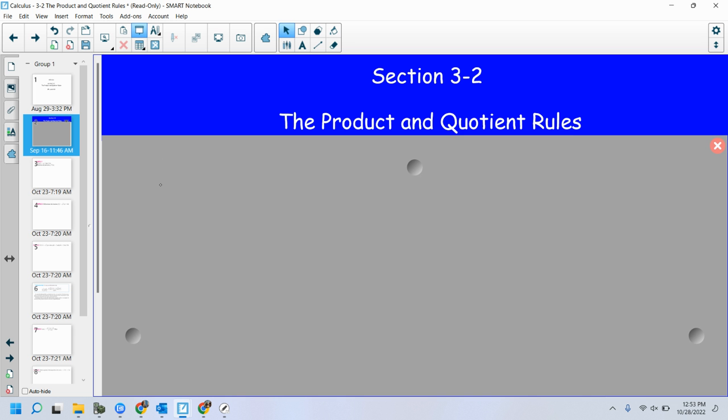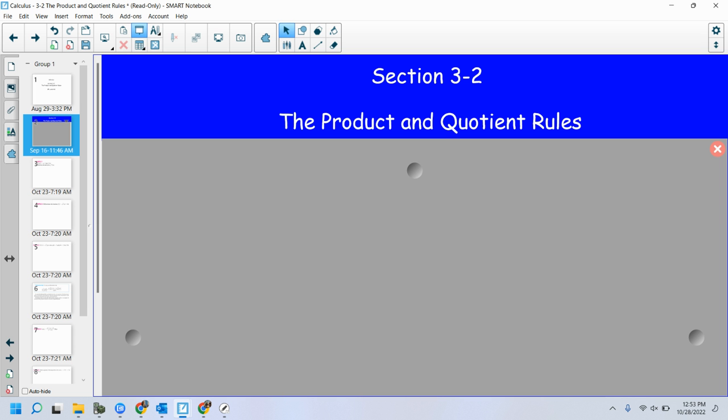Okay, so again, we are in this mode of trying to create ways that we can bypass the definition of a derivative. That's what we're going to be looking at today. We're still pushing forward in trying to find ways to bypass the definition of a derivative.